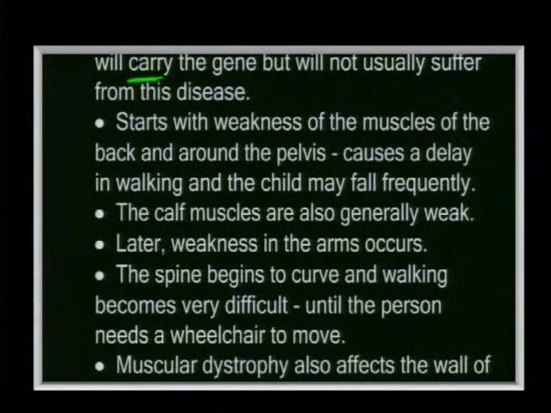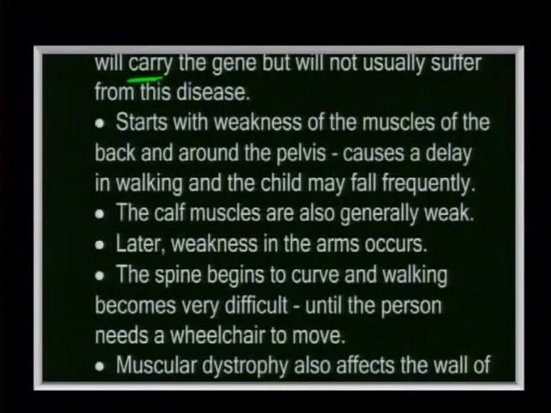It starts with the weakness of the muscles of the back and around the pelvis. And if the muscular dystrophy kicks in when the child is little, it means that child is never able to walk properly. And very often parents will think, oh, the child is clumsy. The child's not being clumsy, it's the fact that the muscles are not working.